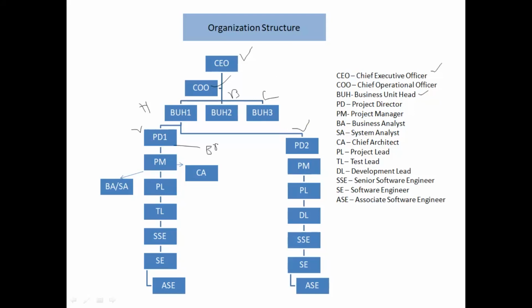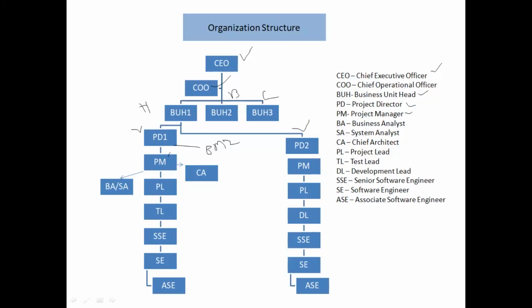I just gave one hierarchy to give you an overview. A project director will take care of at least 2 to 3 projects based on the size of the project. Under the project director you will have project managers. So now we know what PD and PM are.